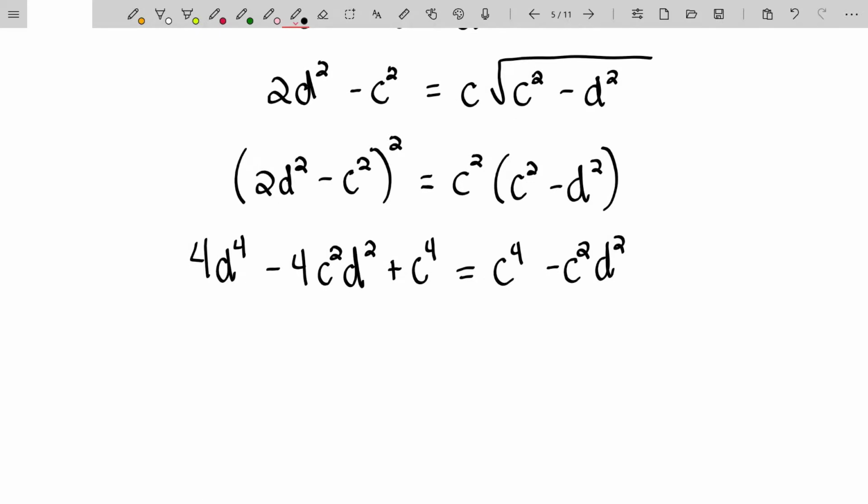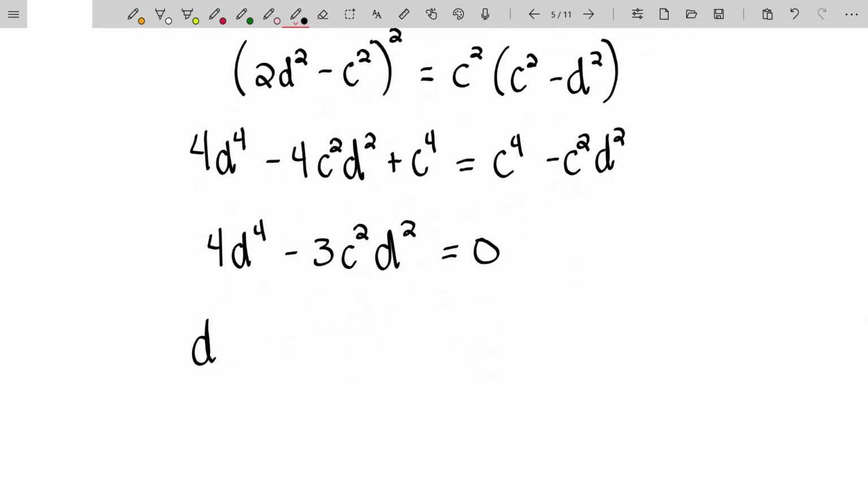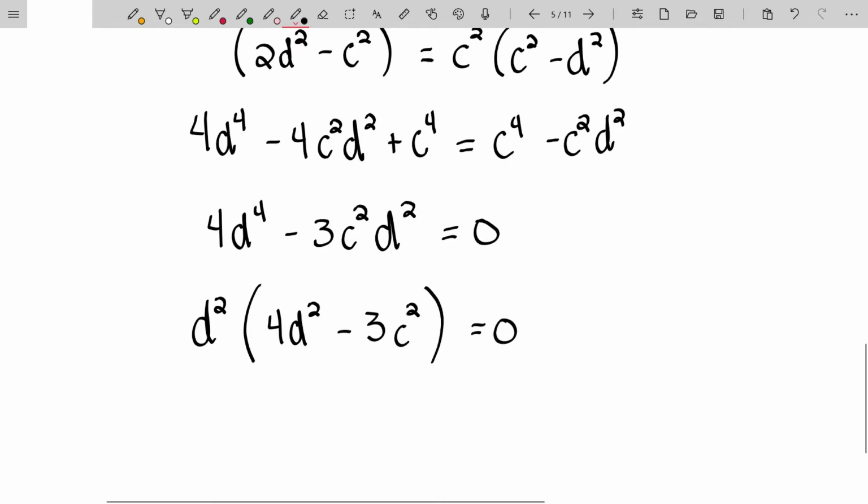I'm going to add c squared d squared to both sides. You get 4d to the fourth minus 3c squared d squared is equal to 0. Factor out a d squared, and you're left with 4d squared minus 3c squared is equal to 0.